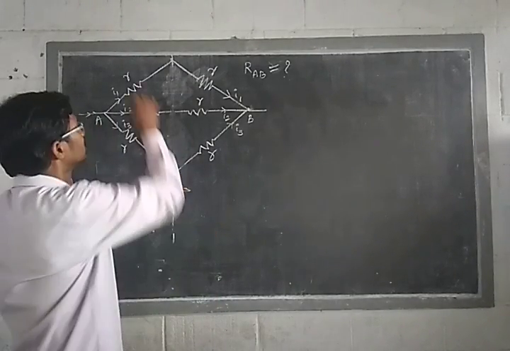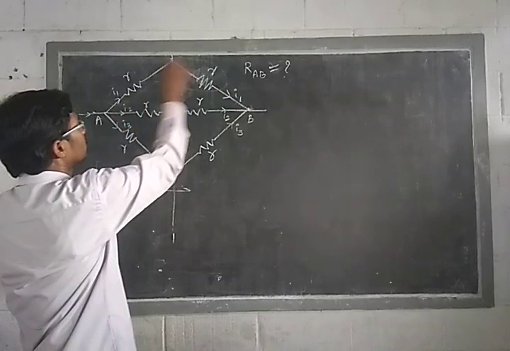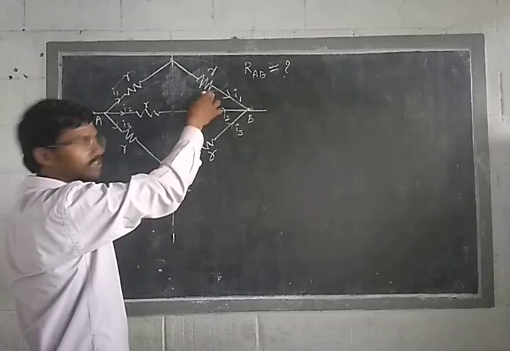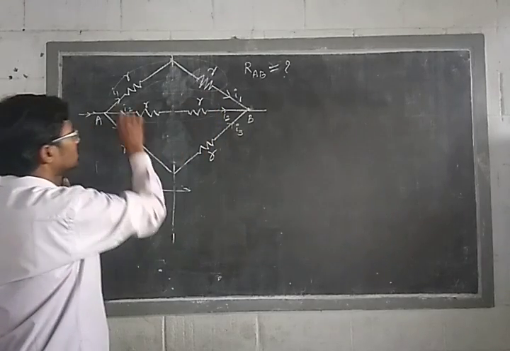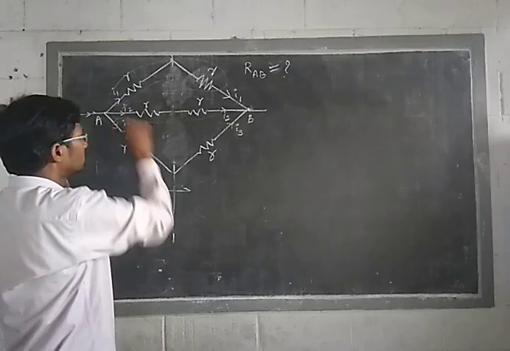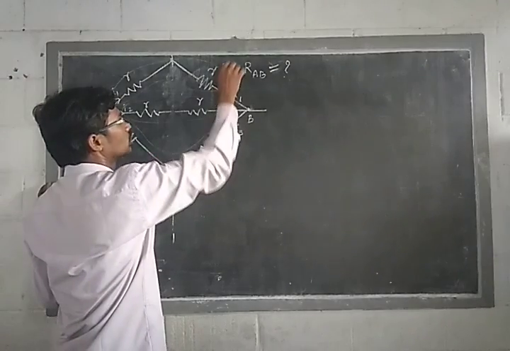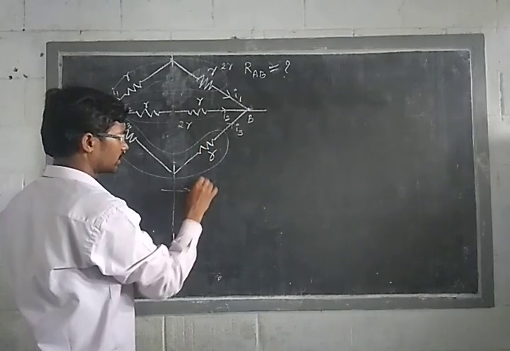These two resistors are in which combination? Series combination, because I1 current here, here also I1 current. And these two are in which combination? Series combination. And again, these two? Series combination. Now the equivalent is 2R here, 2R here and 2R here.